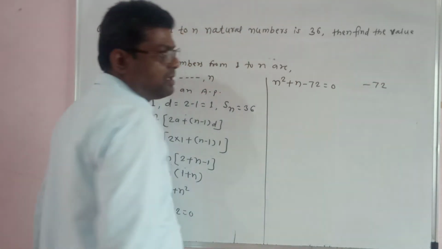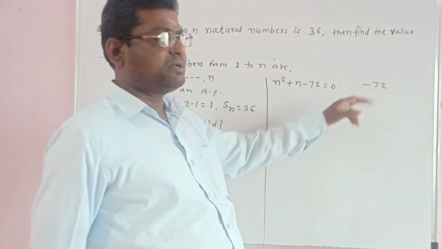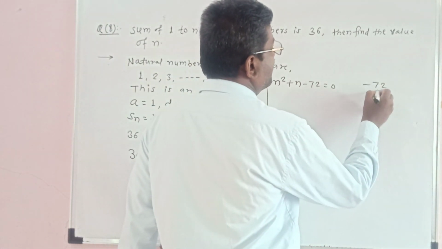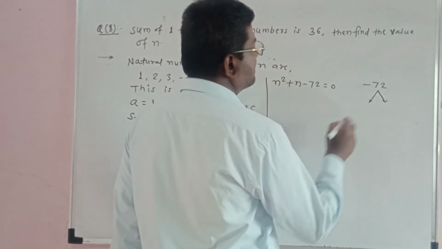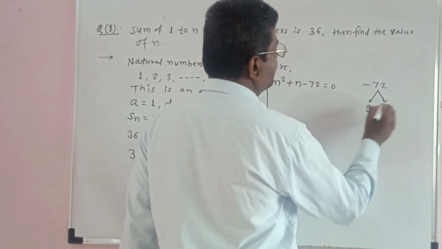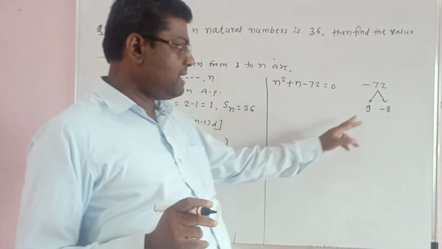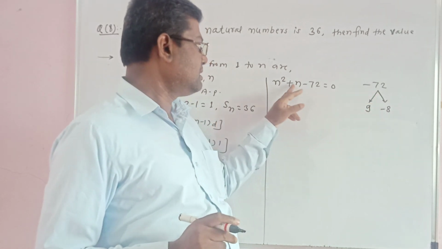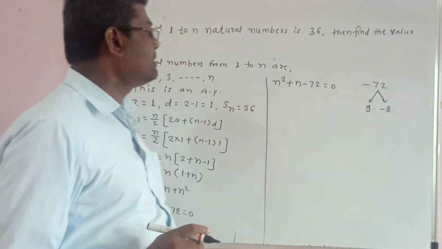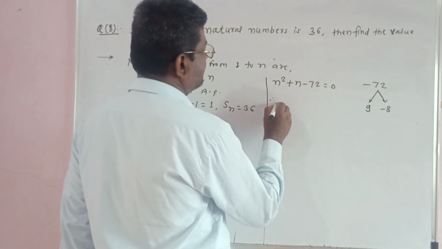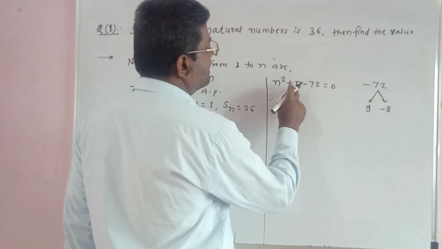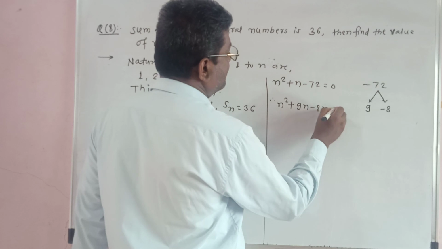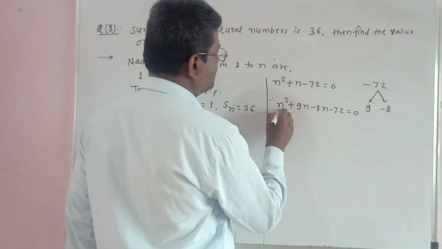Therefore we have the equation n square plus n minus 72 is equal to 0. Now find two numbers such that their multiplication is minus 72 and the sum is 1. So those numbers are 9 and minus 8. 9 into minus 8 is minus 72 and 9 minus 8 is equal to 1, that is the coefficient of n. So this equation, n square plus n, can be split up as 9n minus 8n minus 72 is equal to 0.